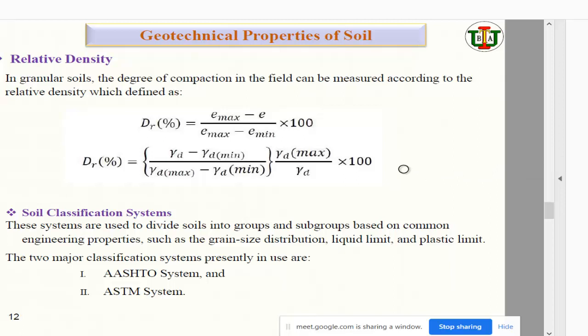Can you repeat? The density of the soil before, like the normal density of the soil before compaction, compared to when it is compacted. So before and after, right? Also like, sir, materials dry and wet.